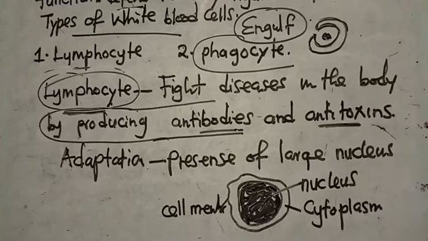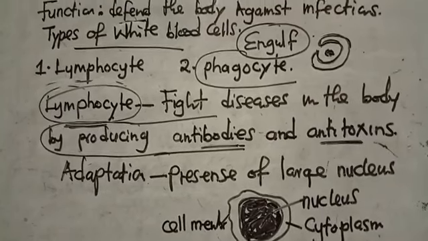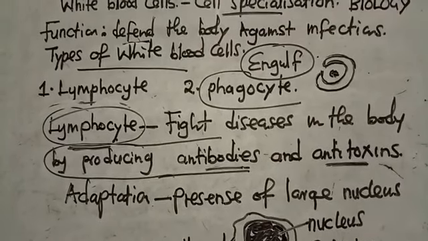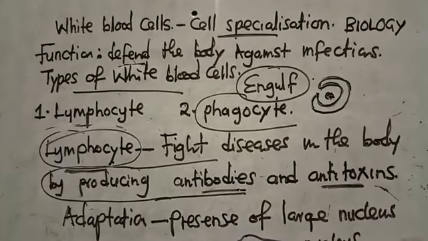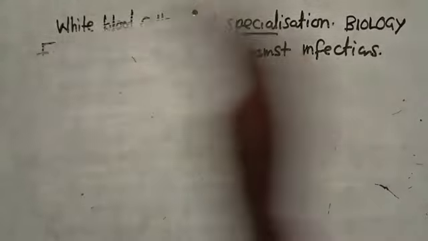We also get to have another specialized cell. When I say adaptation, it is something that makes them perform their function. Let us now go to another specialized cell. I guess you are able to get one or two things from what I'm teaching you.